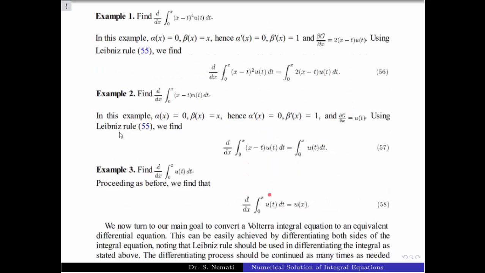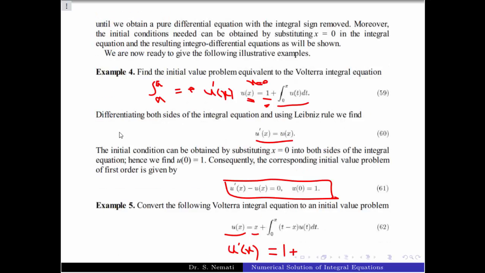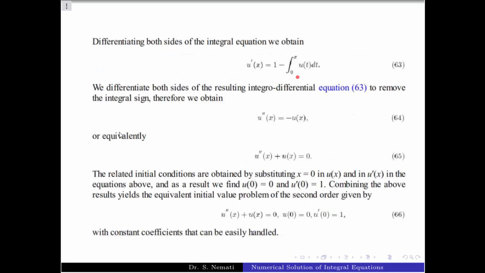And for this case, we had example 2 in the previous section that gives the integral of u of t dt from 0 to x. So we replace it and obtain this formula.